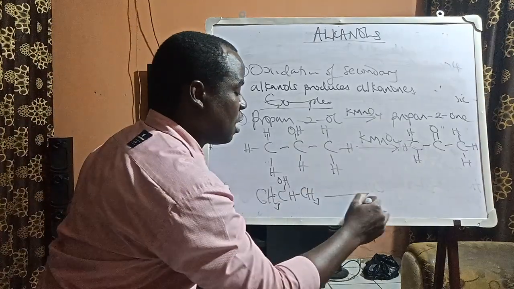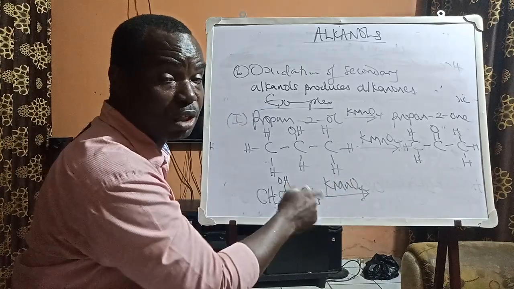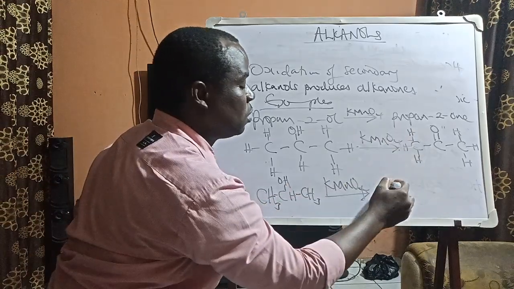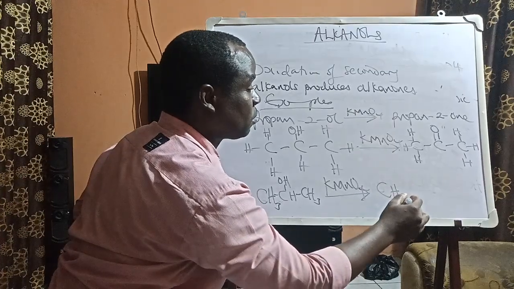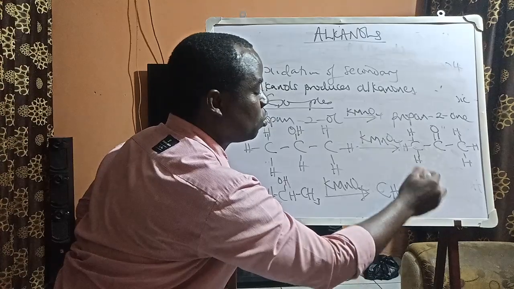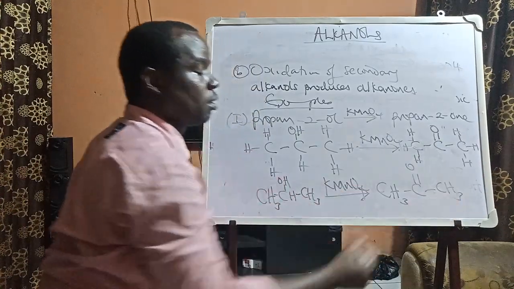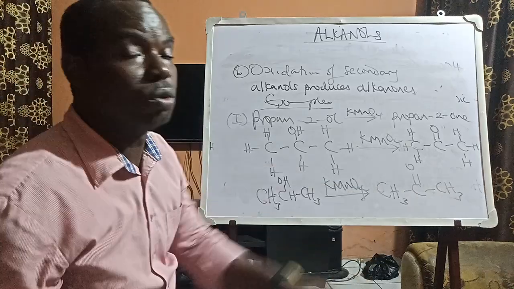It's not by force. We now have KMnO4, oxidation, take note, it will now form CH3, C double bond O, CH3. Because of these 3 hydrogen atoms here, this is propan-2-one. Take note of that.